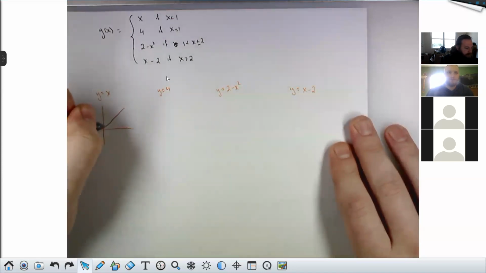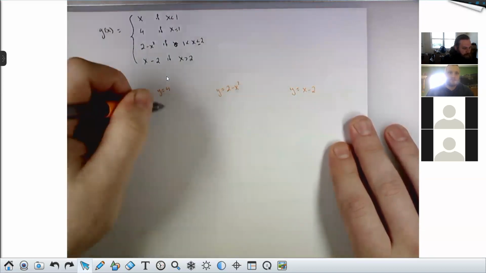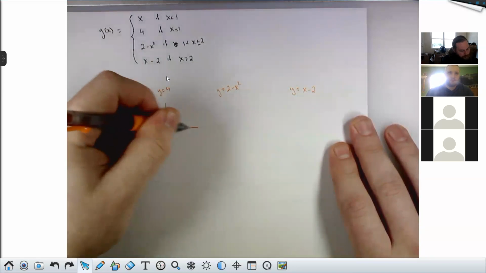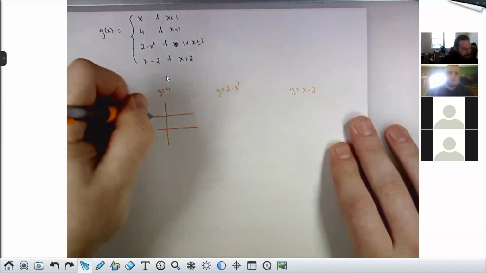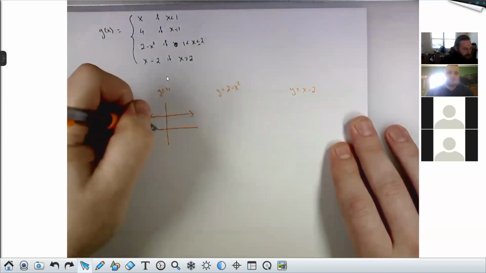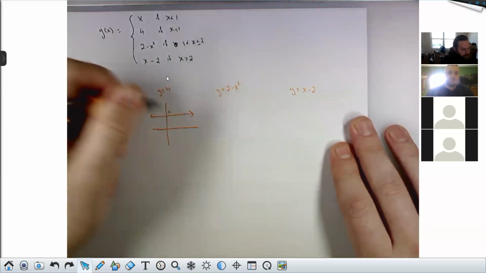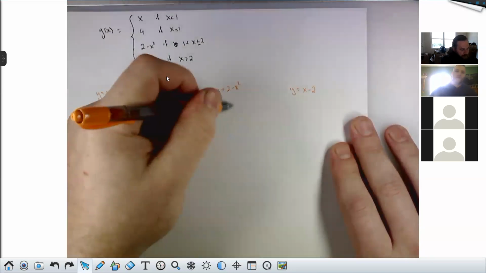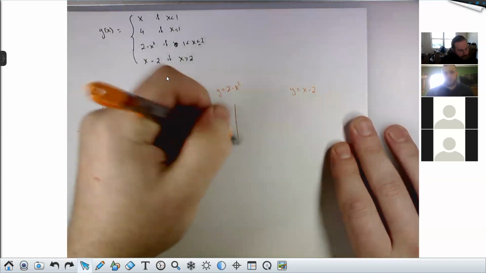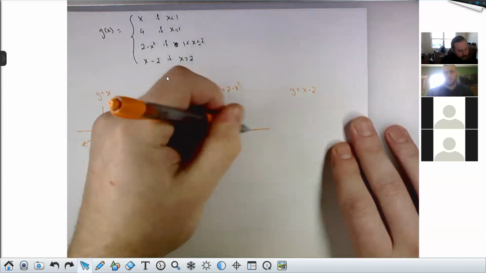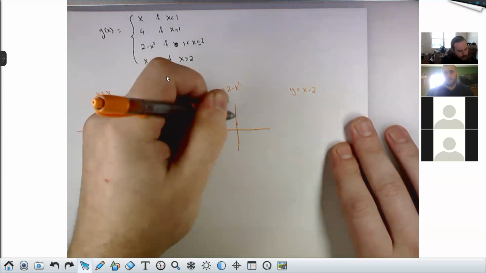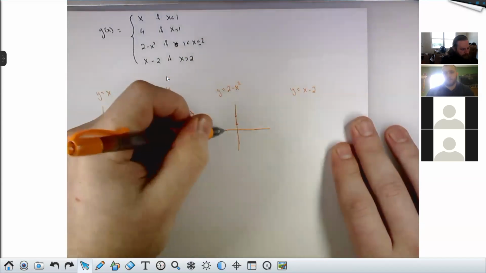So y equals x is a line with slope 1 going through the origin. Y equals 4, we know is a constant function. So just a horizontal line, y equals 4 like this. 2 minus x squared is the parabola x squared flipped upside down and bumped up 2 notches like that.